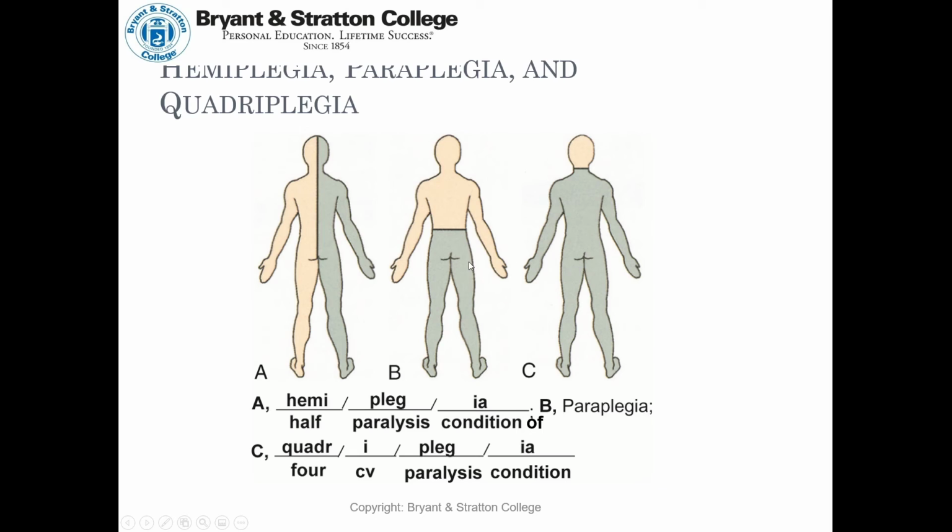A paraplegic, typically we see that with spinal injuries. Depending really how far down, these would be lower level injuries, into the thoracic spine and lower.